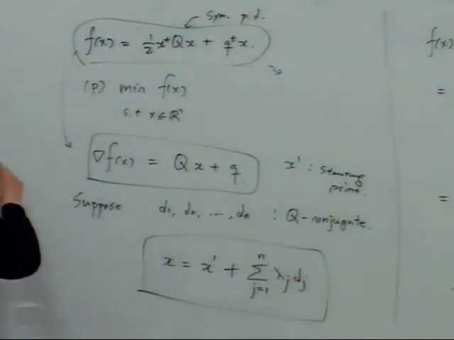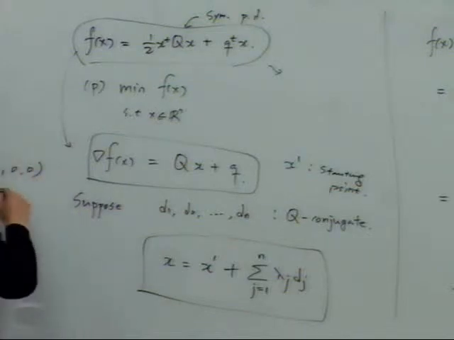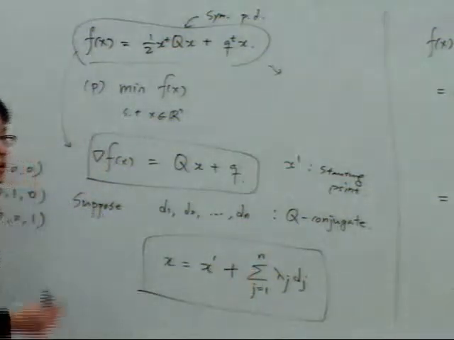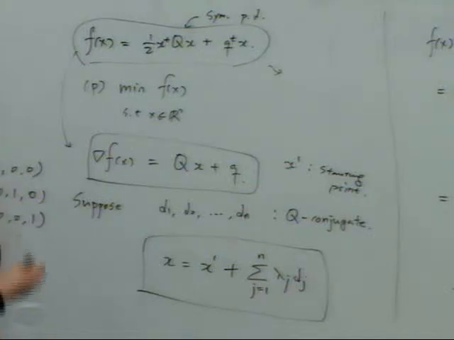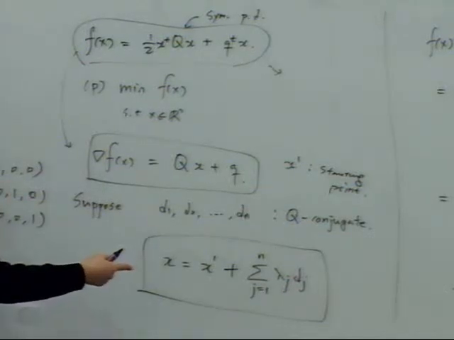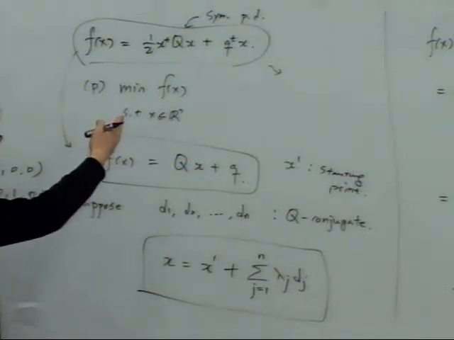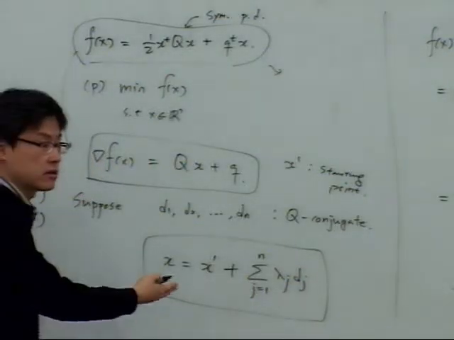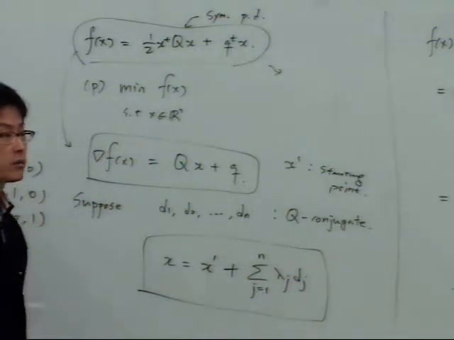For example, these are three linearly independent unit vectors, x, y, z, and by doing this form of thing, we can make an arbitrary direction in this three-dimensional space, right? Same thing here. Given n-dimensional space, if you take these linearly independent directions in this summation form, we can make an arbitrary direction.